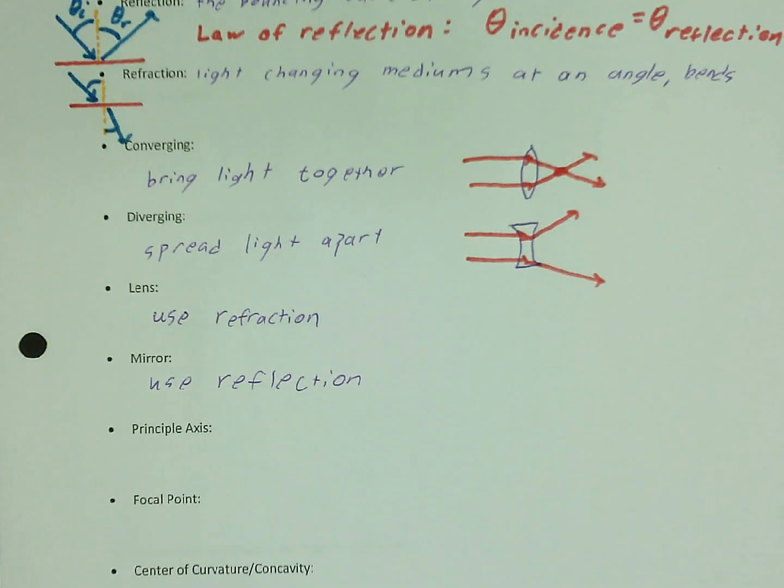Again, we are mostly doing lenses, so we are mostly going to be doing refraction. The reason we're doing mostly lenses is one, time, and two, I want to be consistent with what we're doing, so I don't want you being confused as to whether this is a mirror thing or a lens thing. So we're just going to mostly stick with lenses.